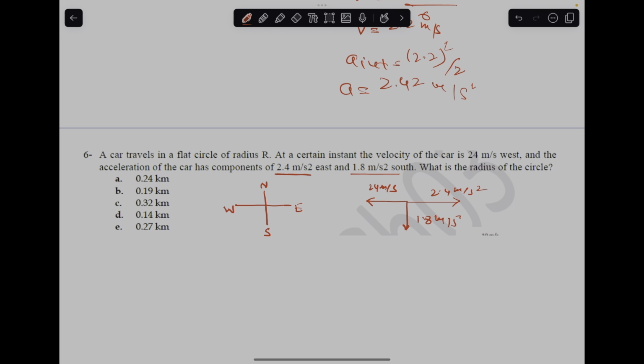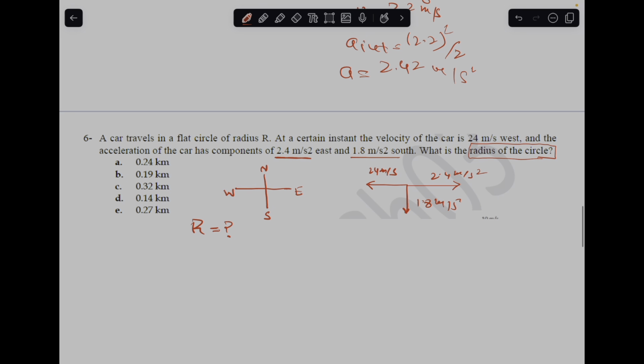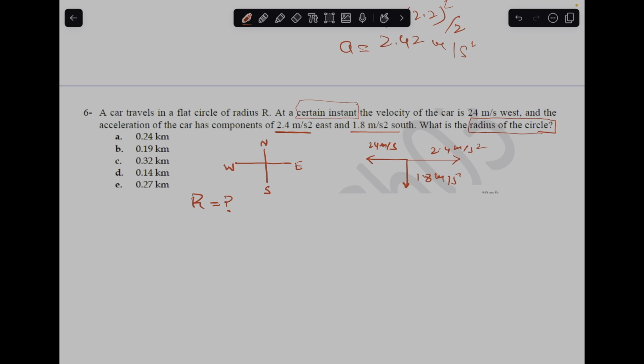Okay, so we want to know the radius of the circle. So we want to know r. At a certain instant, we want to know the instantaneous acceleration. Your instantaneous acceleration is nothing but v squared divided by r.